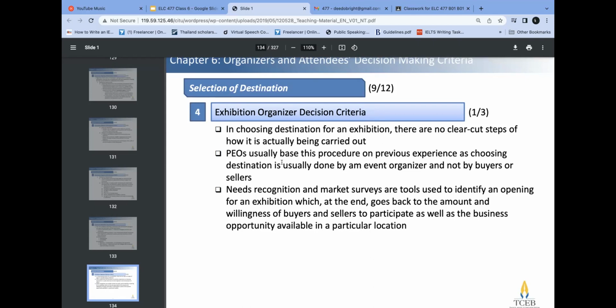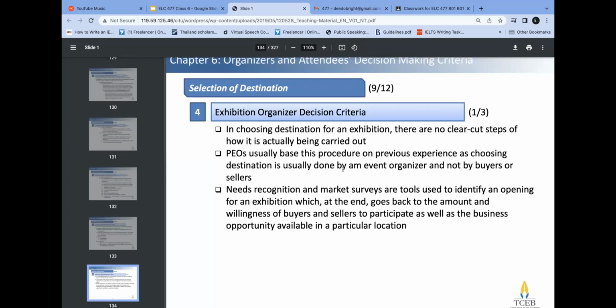So PEO usually bases the procedure on previous experience, as choosing a destination is usually done by an event organizer, not by buyers or sellers here. What does it mean here? It means that it depends on what you did previously; previous experience can be the main factor in choosing what we are going to do next for the exhibition.